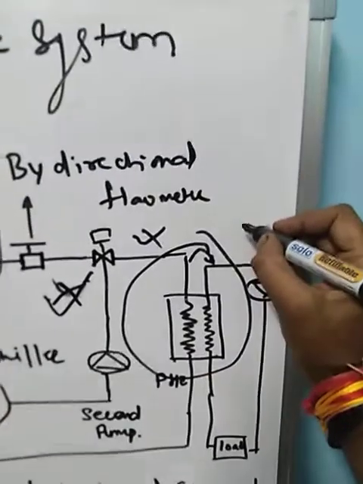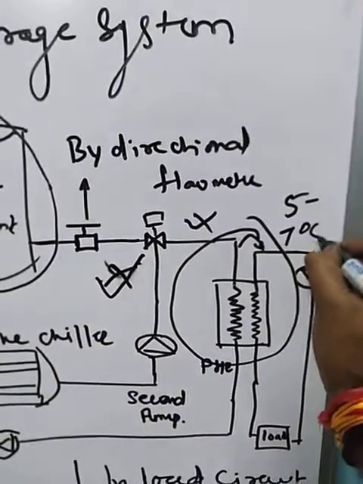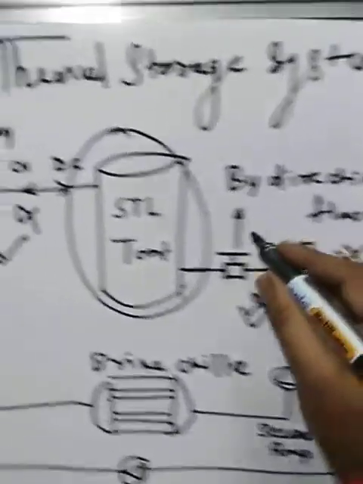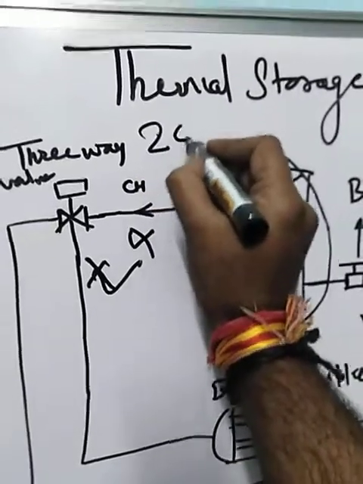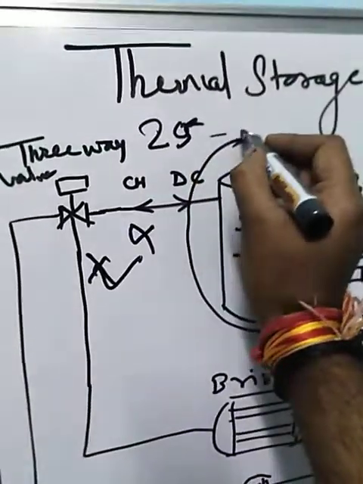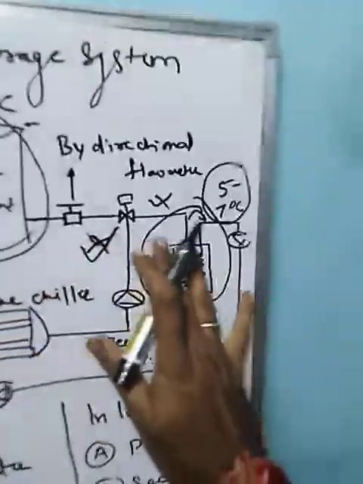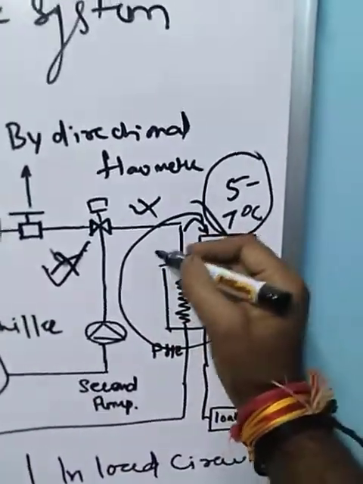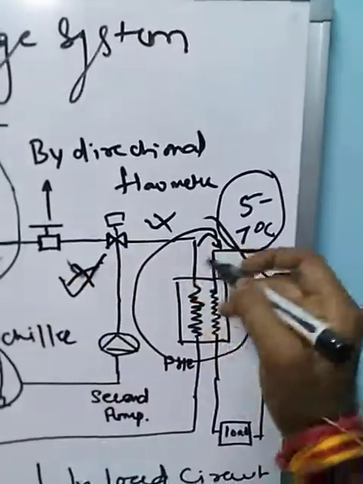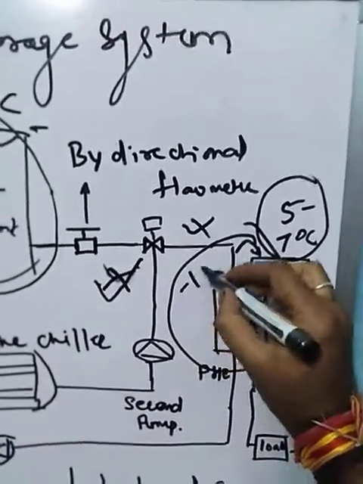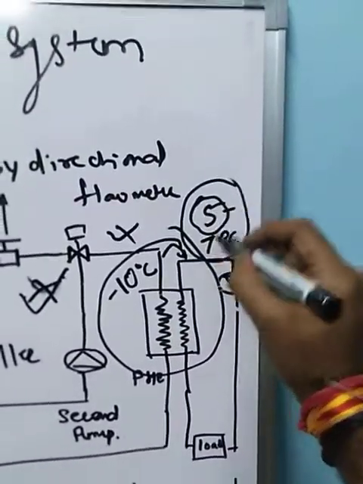Here we need a temperature of 5 to 7 degrees centigrade. But here the brine is flowing in the circuit at maybe minus 20 to minus 25 degrees centigrade. If we see here, what is the temperature of the brine? There is a control, temperature can be controlled. So we can assume that minus 10 degrees centigrade is the brine temperature and the water temperature will be 5 to 7 degrees centigrade.